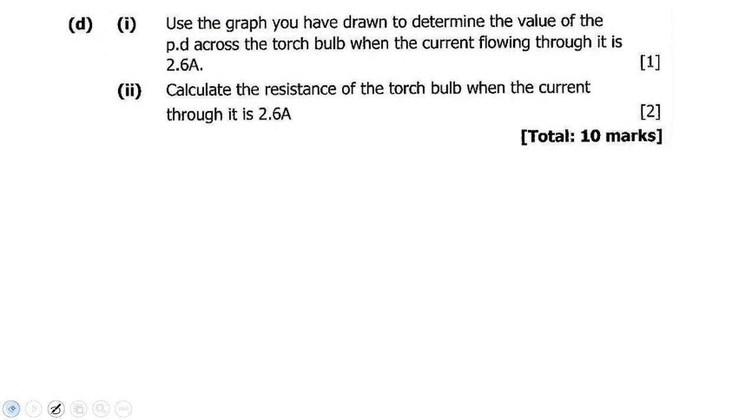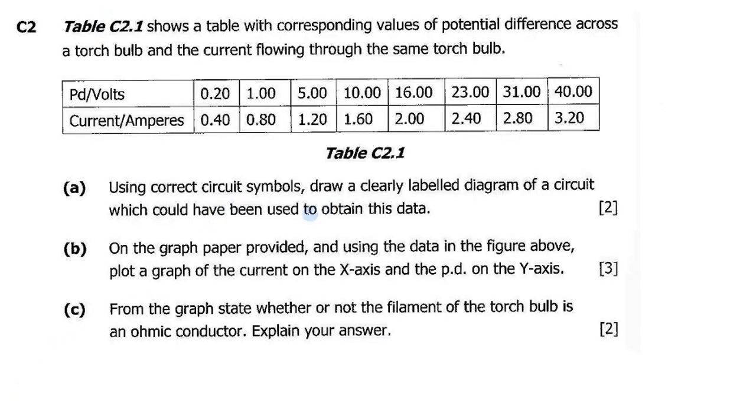They're saying we draw a circuit diagram with symbols to show how this arrangement should have been done to collect that data. So there's a bulb. Here you need to have a source of power, which will be a battery, in short, some battery. So it should go like that.